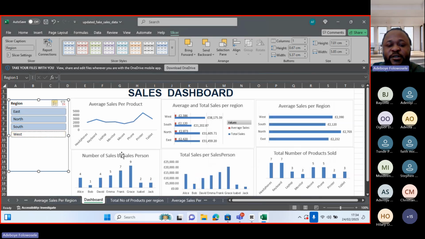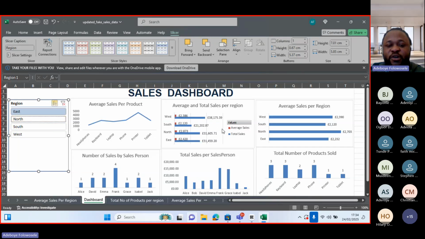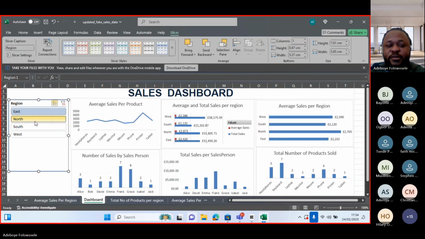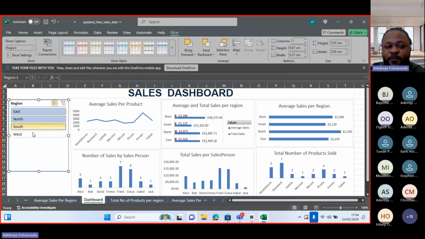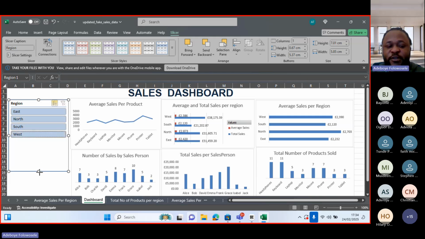As you can see, the rest of the interactions are moving. However, the average and total sales per region are not moving. Can you see now? So if I want only for the East, if I want only for the West, that is how I'm going to do it.